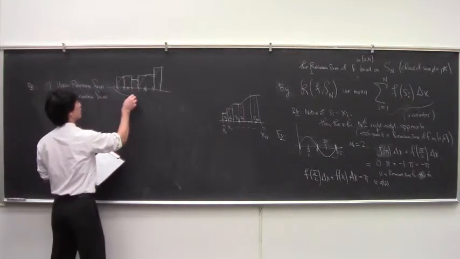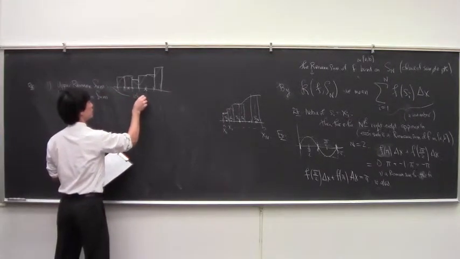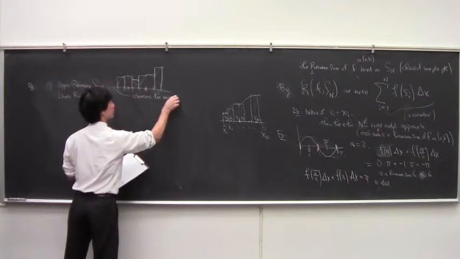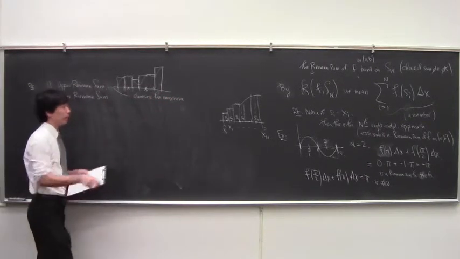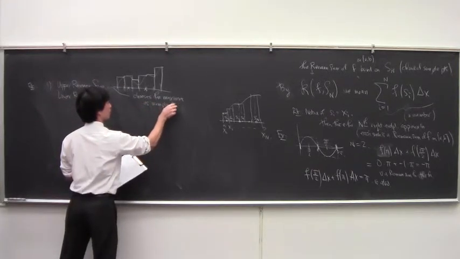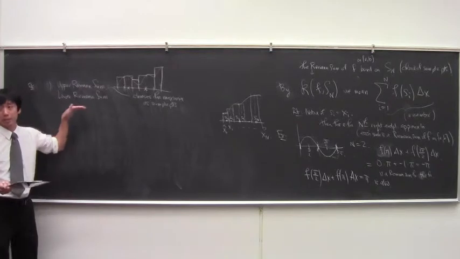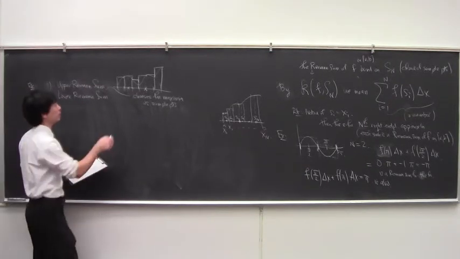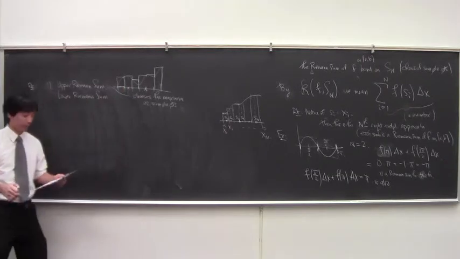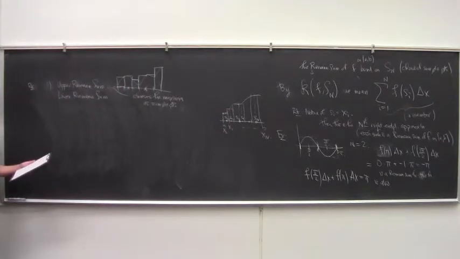So for an upper Riemann sum, one chooses the maximum as the sample points. And the lower Riemann sum, well, you take the minimum. You take the places where it's the minimum. So here I take 0, et cetera.